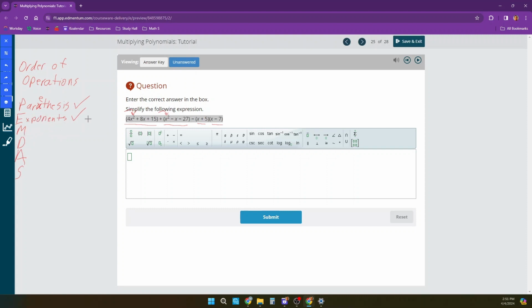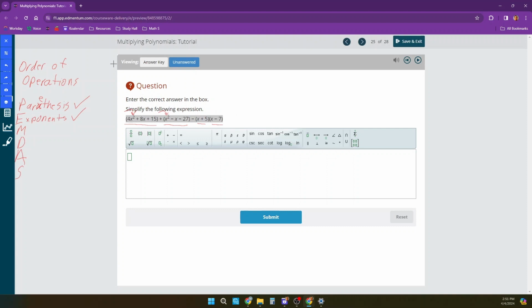Next, we have multiplication division. And here, we could actually start to do something because, okay, there's nothing that we could simplify here using multiplication division. Nothing here we could simplify using multiplication division. But here, that is two binomials being multiplied by one another.